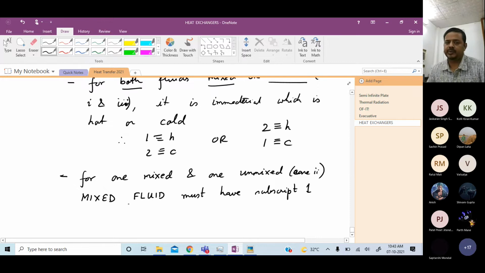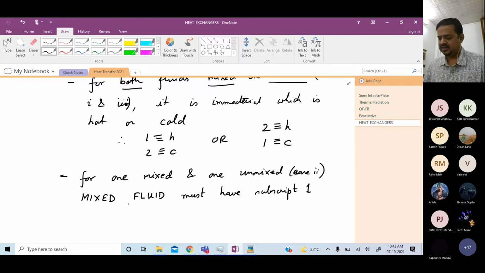Okay. Please follow this convention. The pictures I have shown you are also consistent with this, but they have not used 1 and 2, they've used capital T, small t, etc. That's okay. Since we are following this convention, please be consistent with what we are writing in our notes.